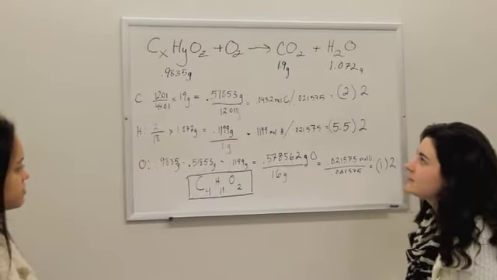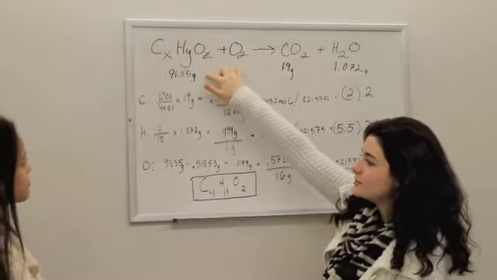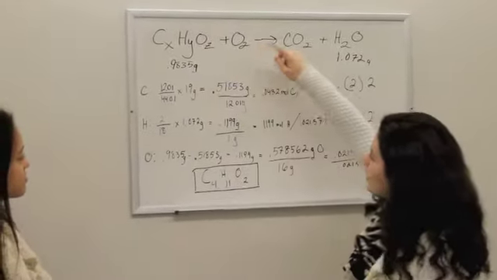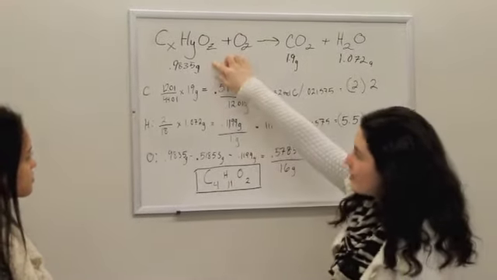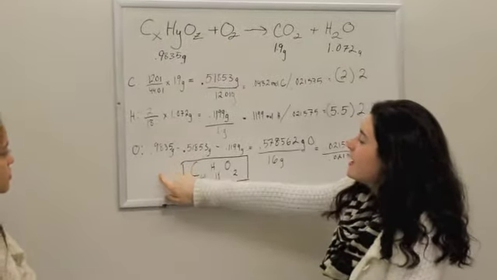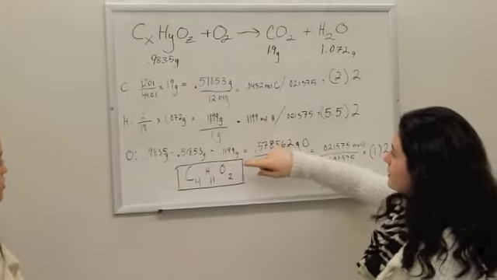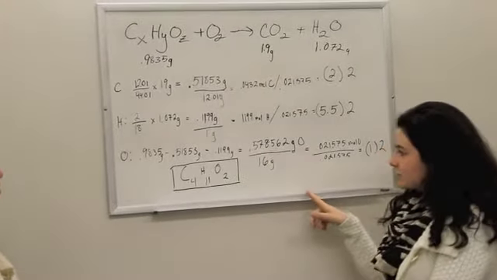And for oxygen, we can't say the same thing because oxygen comes up 2 times here, so we don't know how much grams it is. So we take the whole compound, which is 0.9835 grams, and subtract the grams of carbon and the grams of hydrogen, because then we get grams of oxygen left over.